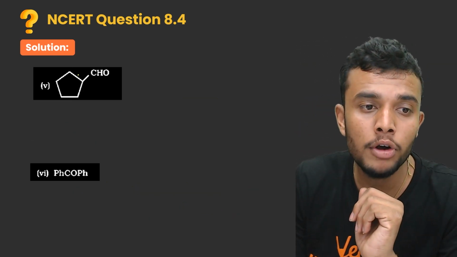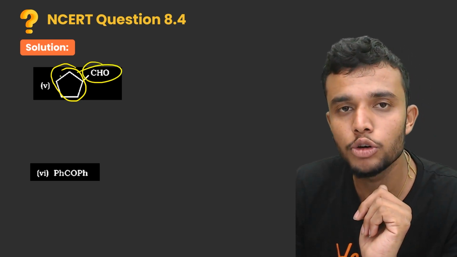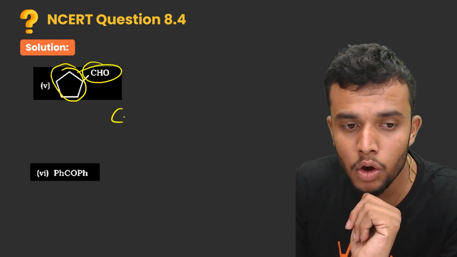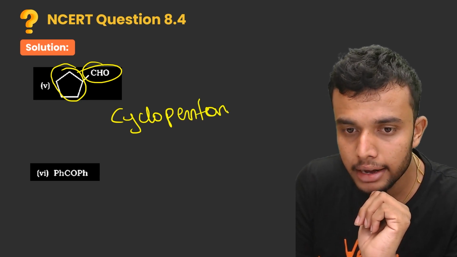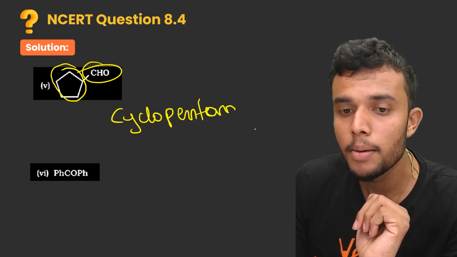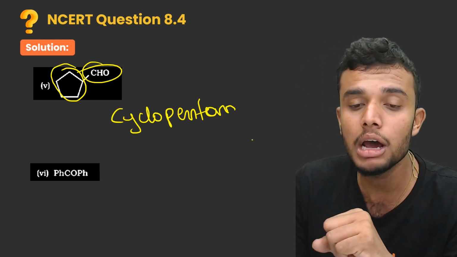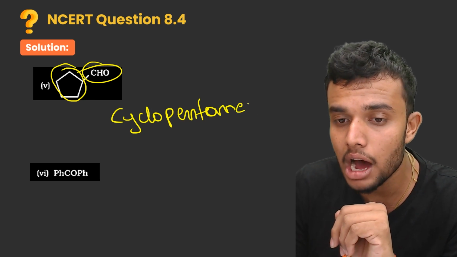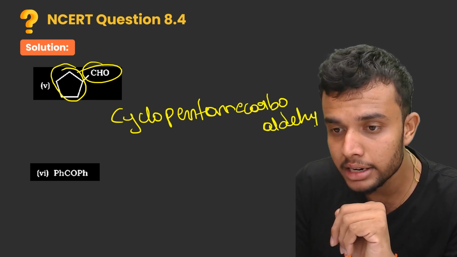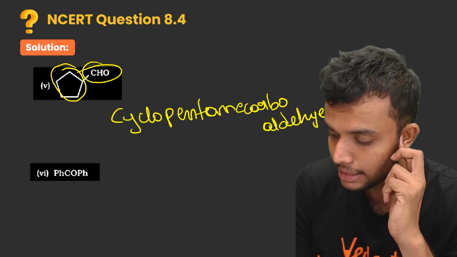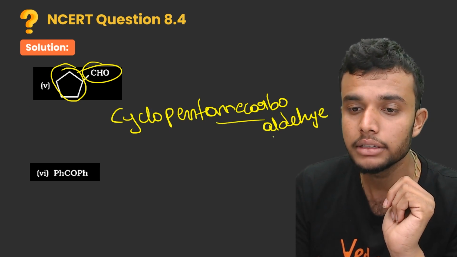In the fifth compound, one cyclopentane group is there and a carbaldehyde group is there. That's why cyclopentane. In the place of the E of pentane, we need to introduce carbaldehyde. Cyclopentanecarbaldehyde. Why is it called carbaldehyde? It's a common name.